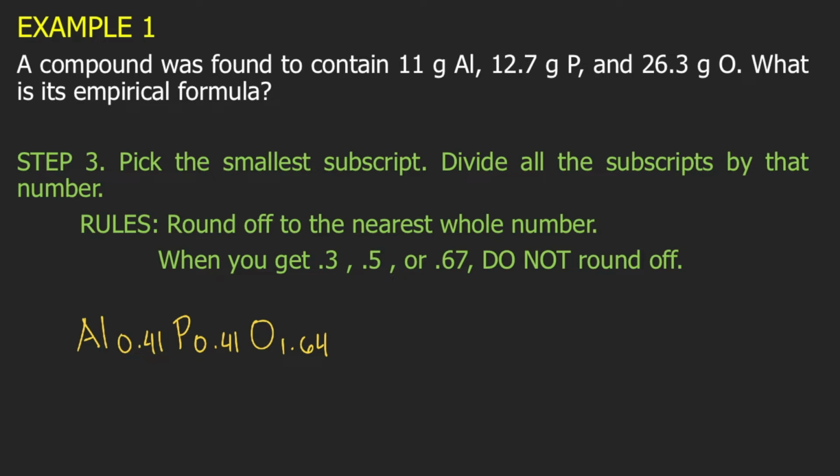In step 3, you pick the smallest subscript, and the smallest subscript is 0.41. You divide all the subscripts by that smallest number. So that means you divide everything by 0.41.